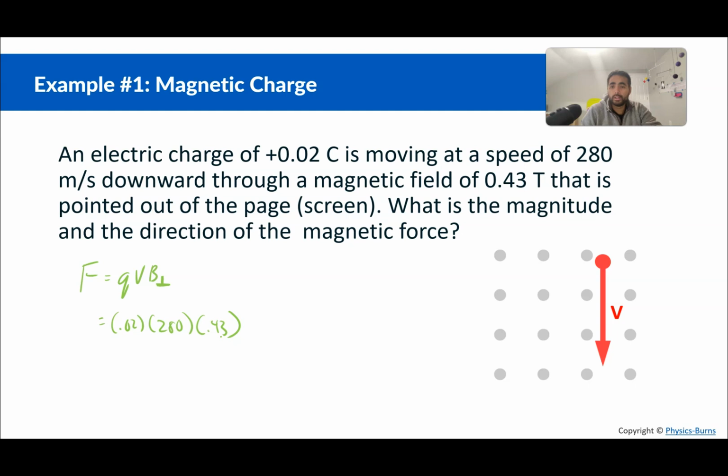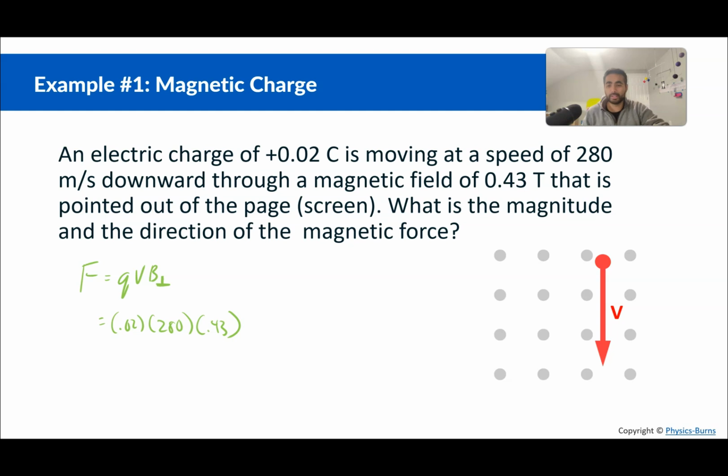We can see that it is perpendicular because the charge is going down while the magnetic field is pointed out of the page. So one's going down, and one's going out of the page. So they make that perpendicular.